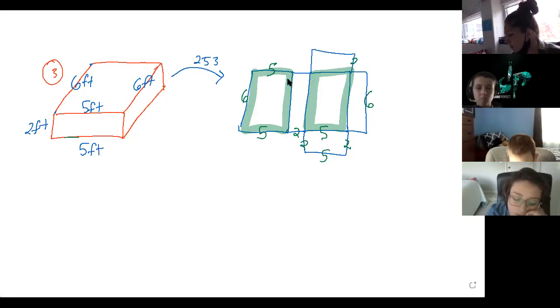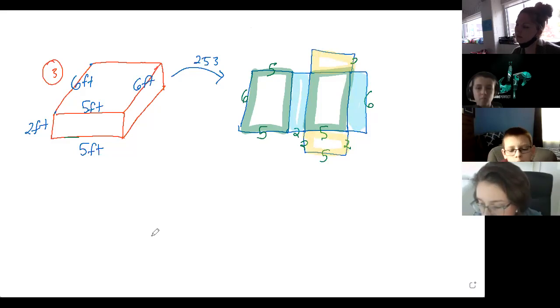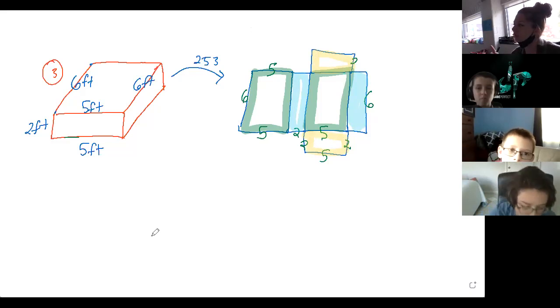They're exactly the same. Here's my blue rectangles. They're exactly the same. Here's my yellow rectangles. They're exactly the same. So maybe you want to treat it like that and say, I have 2 yellow rectangles to figure out, 2 green rectangles, 2 blue rectangles, but all together, that represents the total area. You might enjoy that version too, okay?